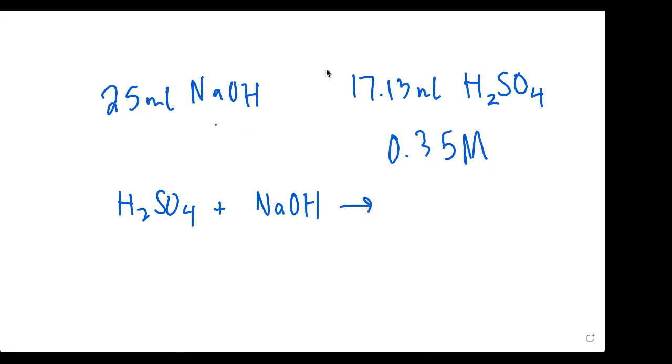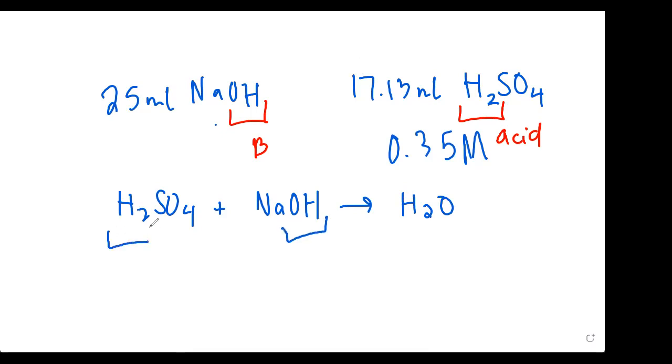And just a recap, because I know I didn't touch on this. OH, hydroxide, indicates that this is a base. This H2 is the acid. And it will always produce H2O from this hydroxide and hydrogen. And then the only thing that's left to combine together is the Na and SO4.